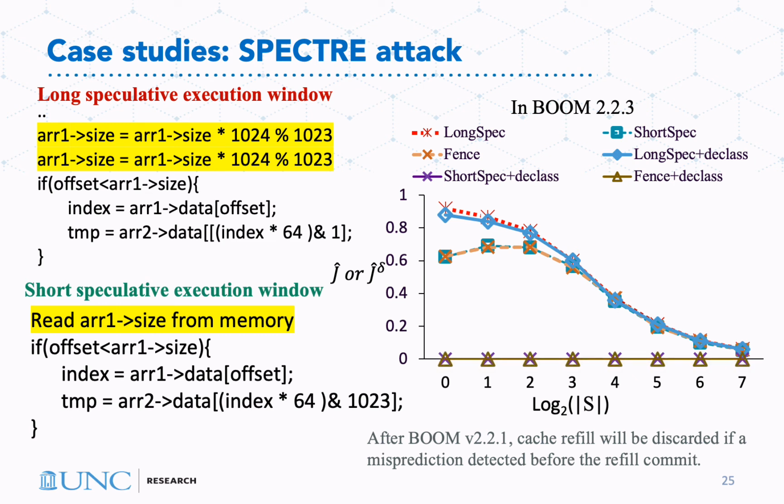This is because since BOOM version 2.2.1, the cache module starts to track the speculative execution status, and if the speculative execution window is not known enough, the module would discard the refill request if a misprediction is detected.